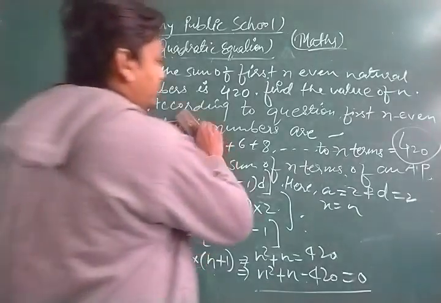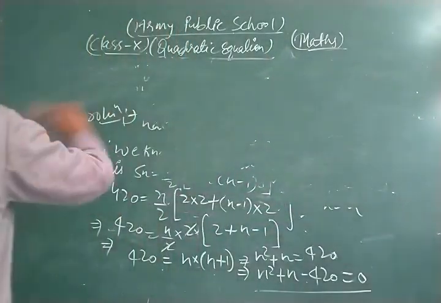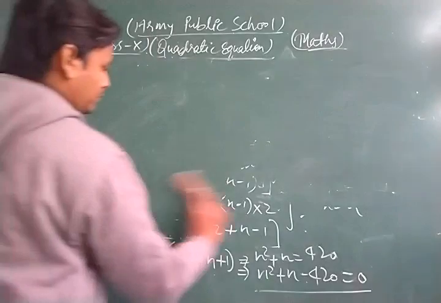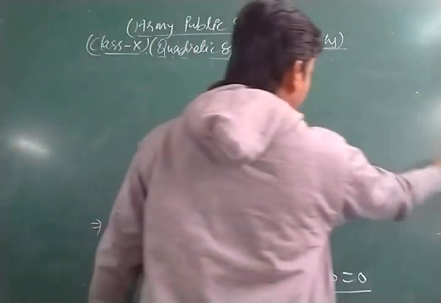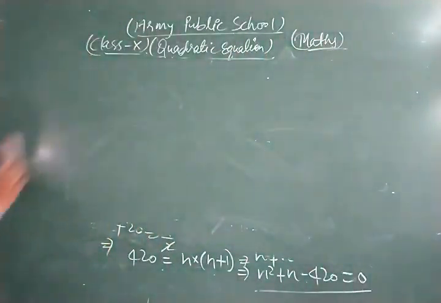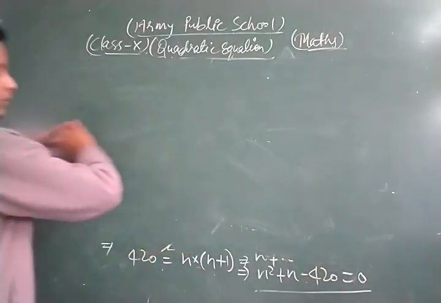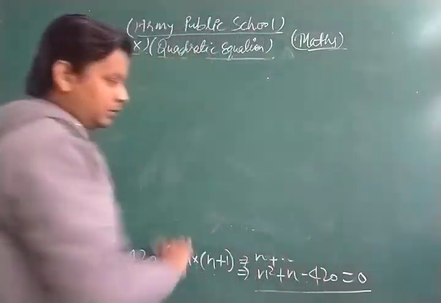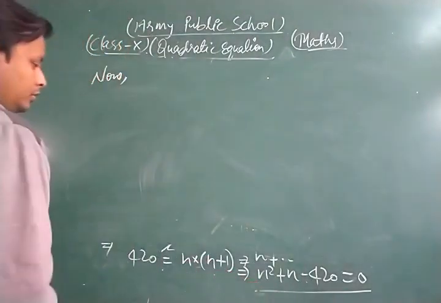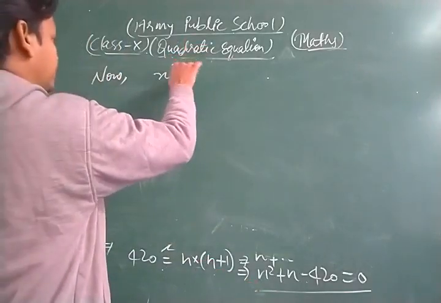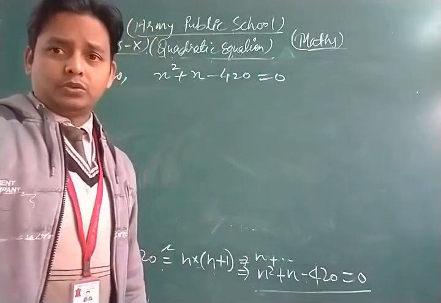Okay, now let's see. This is n square plus n minus 420 is equal to 0.